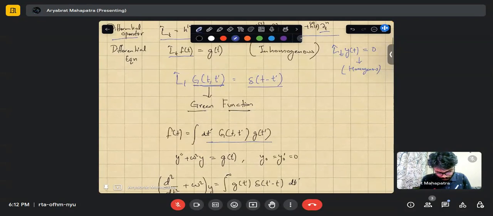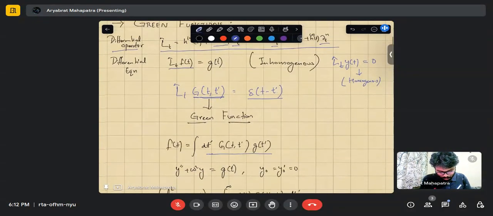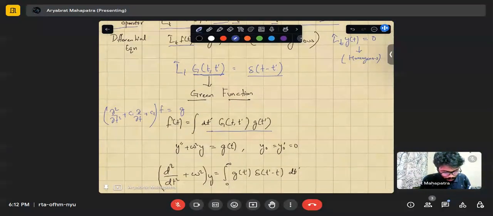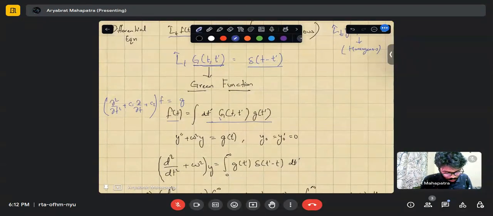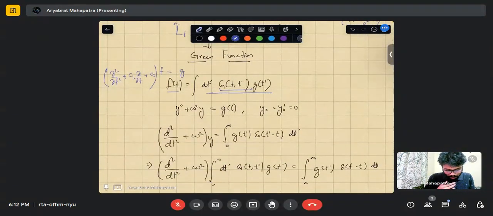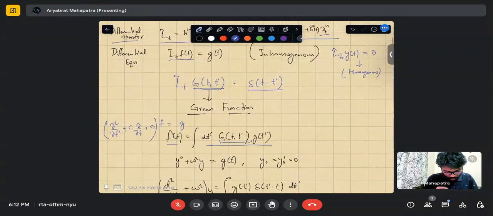Let's say we have a differential equation, d squared over dt squared plus c1 d/dt plus c2, acting on f equals z, and its solution f can be written as this, where g is your Green's function.